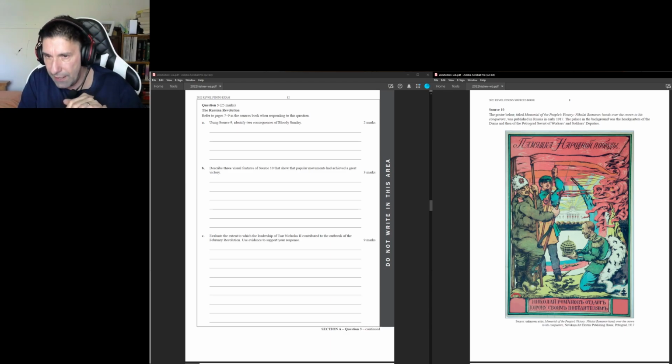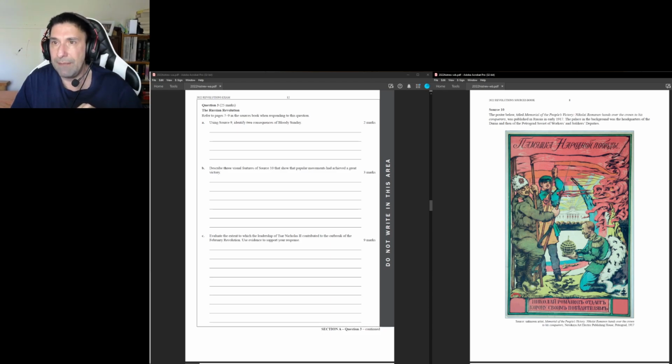So here we have the poster below titled Memorial of the People's Victory. Nikolai Romanov hands over the crown to his conquerors, published in Russia in early 1917. The palace in the background was the headquarters of the Duma and then of the Petrograd Soviet of Workers and Soldiers Deputies. So the examiners have been very nice to the students here, and they've given already some explanations of what some of the key features in this image are.